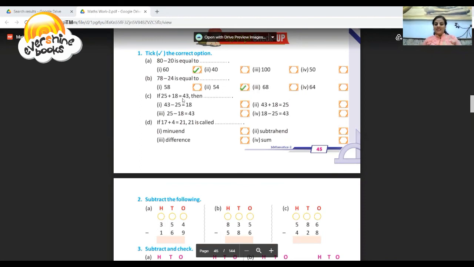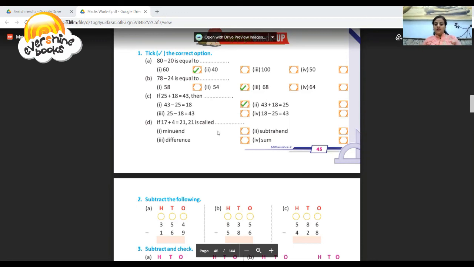25 plus 18 is equal to 43. Then 43 minus 25 is 18. This is right. 25 minus it's 18. No, it is a bigger digit. This is not possible. This portion is not possible. One point is right. 17 plus 4 is 21.